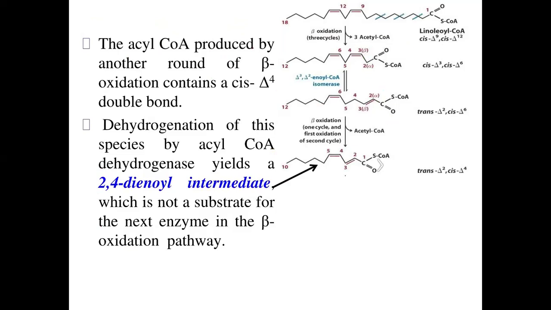Now in this case, we have cis delta 4. After that, the cis delta 2 now undergoes another round and produces acetyl-CoA. Now we have trans delta 2 and cis delta 4. Now the dehydrogenation of this species by acyl-CoA dehydrogenase yields a 2,4-dienoyl intermediate, which is not a substrate for the next enzyme in the beta oxidation pathway. So what will happen?